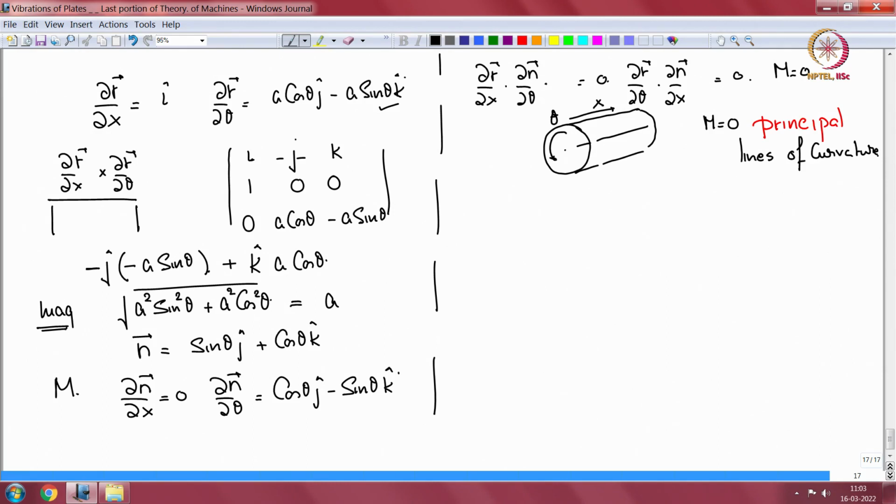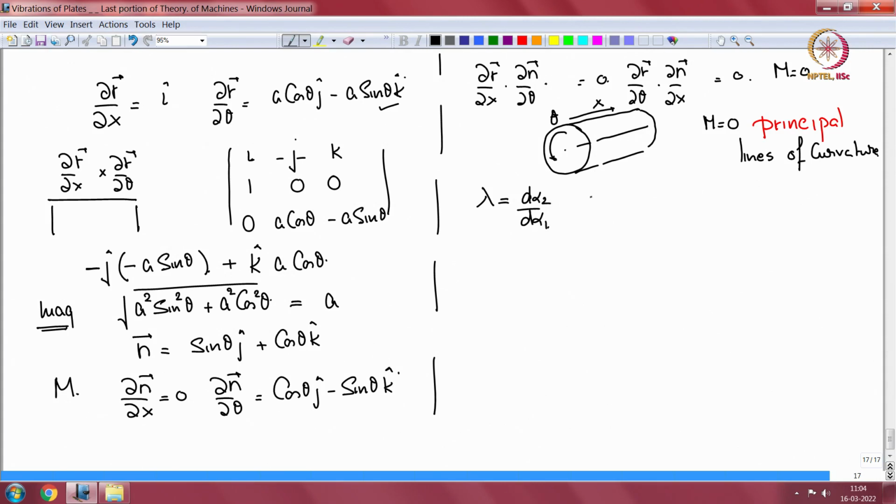Okay, now we can do one more thing. Lambda was written as d alpha 2 by d alpha 1.